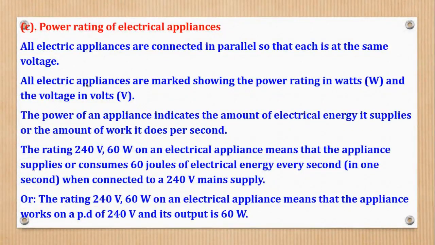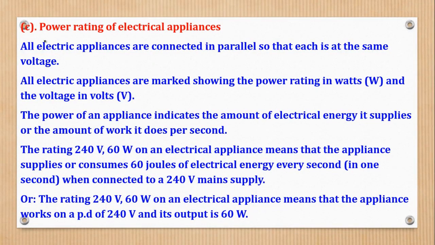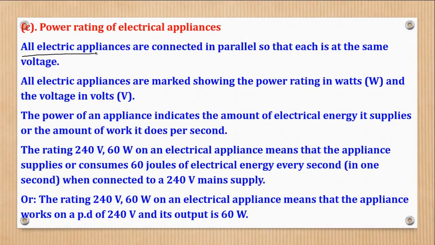So now we shall go to another part. So we have looked at electrical power, then we have also looked at the electrical energy, and now we are going to look at power rating of electrical appliances. So all electrical appliances are connected in parallel, so that each is at the same voltage.